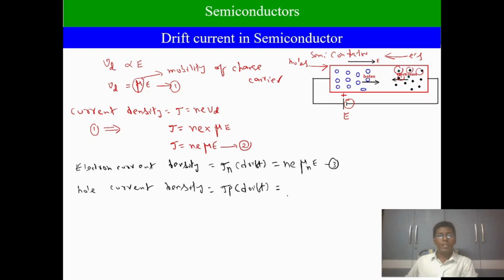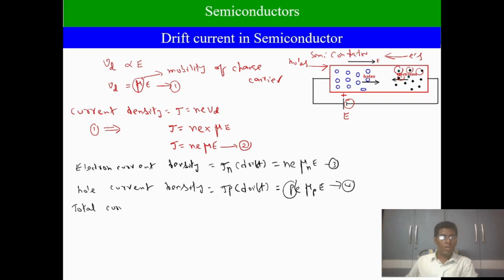In this expression, p is the number of holes, e is the charge of the hole, mu p is the mobility of the hole, and capital E is the applied electric field. Let us consider it as equation number 4. Now I need the total current density inside the semiconductor because of the drift mechanism.